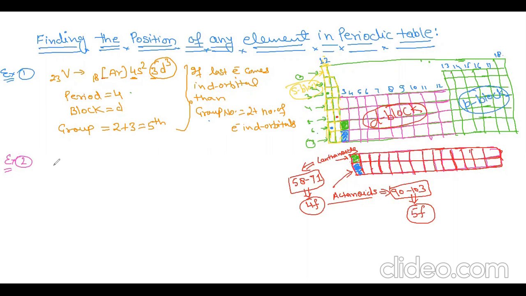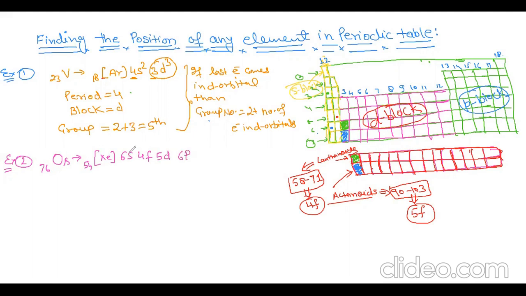Similarly, one more example I am taking, example number 2nd. Osmium 76. Before that, this is the noble gas, xenon 54. After that, 6s, 4f, 5d, 6p.